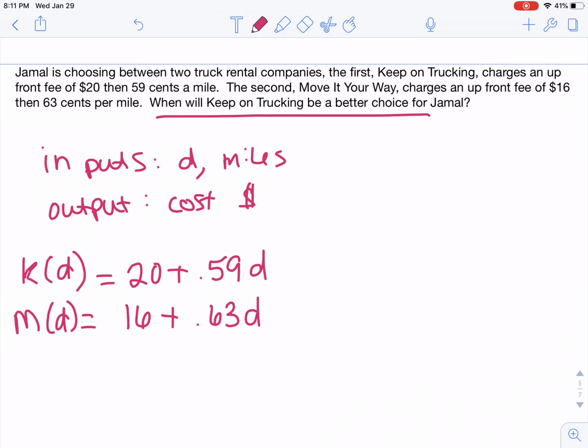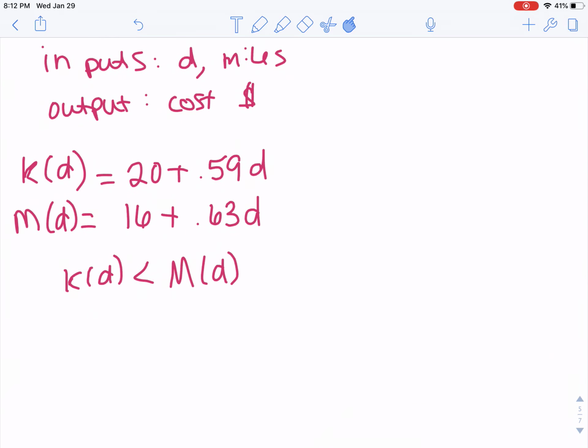We want to know, when will Keep On Trucking be a better choice for Jamal? So what we want to know is when the cost of K of D is going to be less than that of M of D. What we're actually going to do is find out when they break even, because then every mile after that, K of D is going to be less than that, or the moving company is going to be bigger.